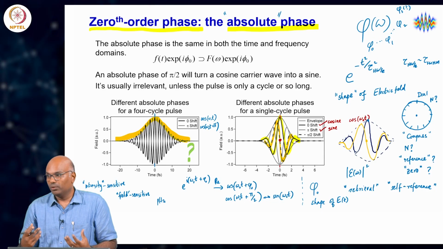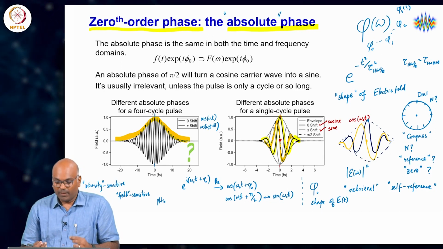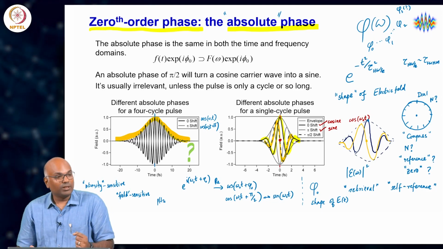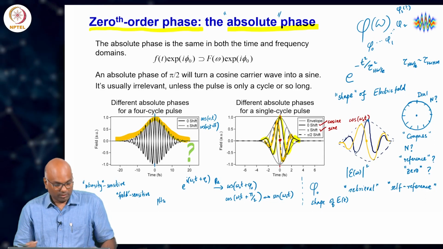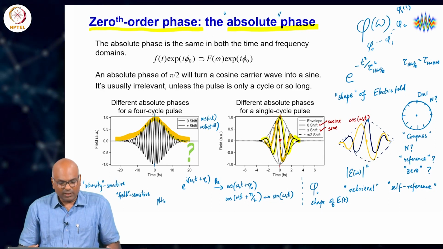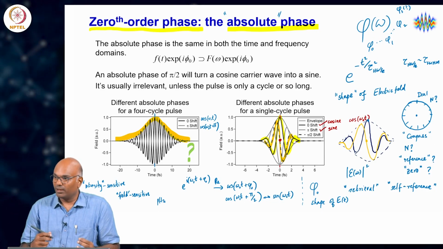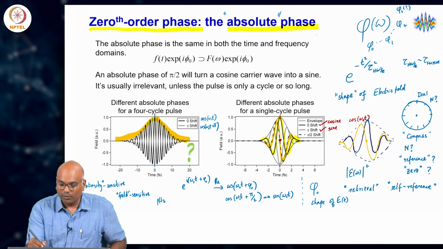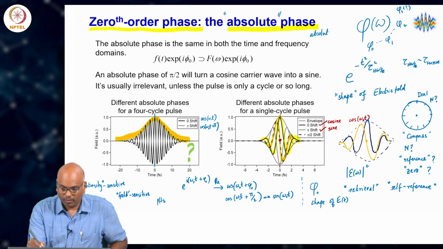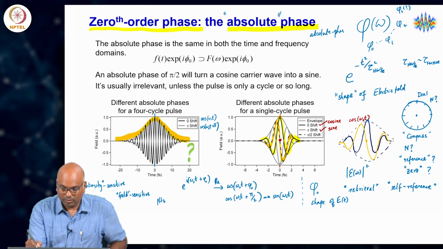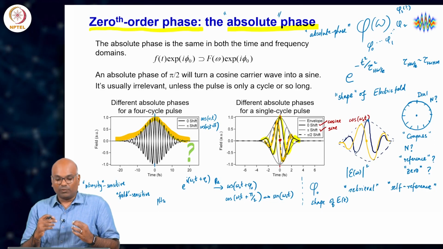If we dream of doing so, then a measure of our ability to do this, and probably a measure of field sensitivity itself, would correspond to: can I measure things as a function of the absolute phase? Can I do measurements and variations which are sensitive to the absolute phase?